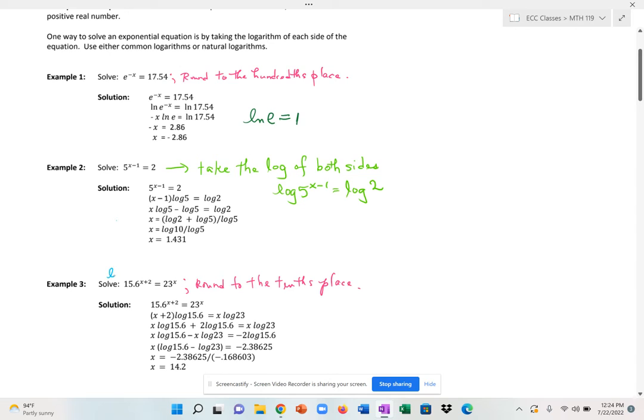So when I take the log of the left side and the log of the right side, I again can apply my power law and put the exponent in front of the logarithm, which is what you see on this line. x plus 2 times log of 15.6 equals x times the log of 23.